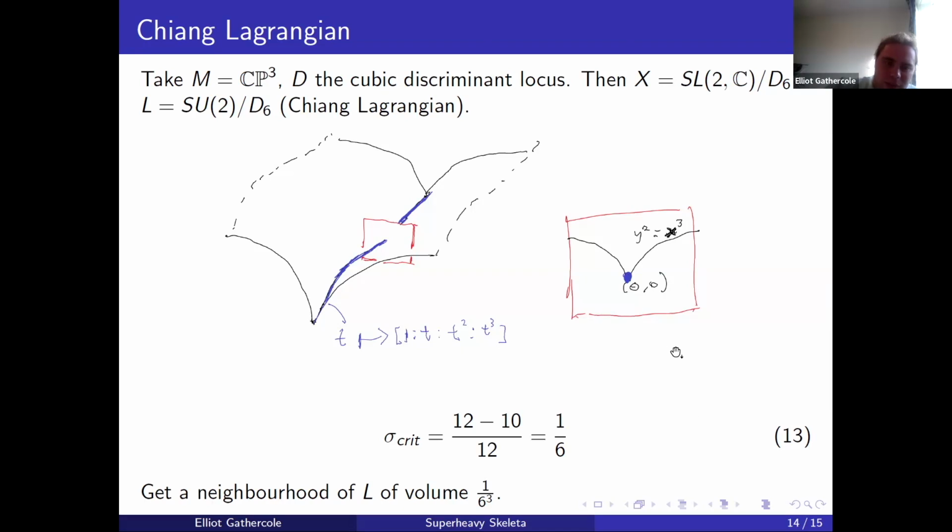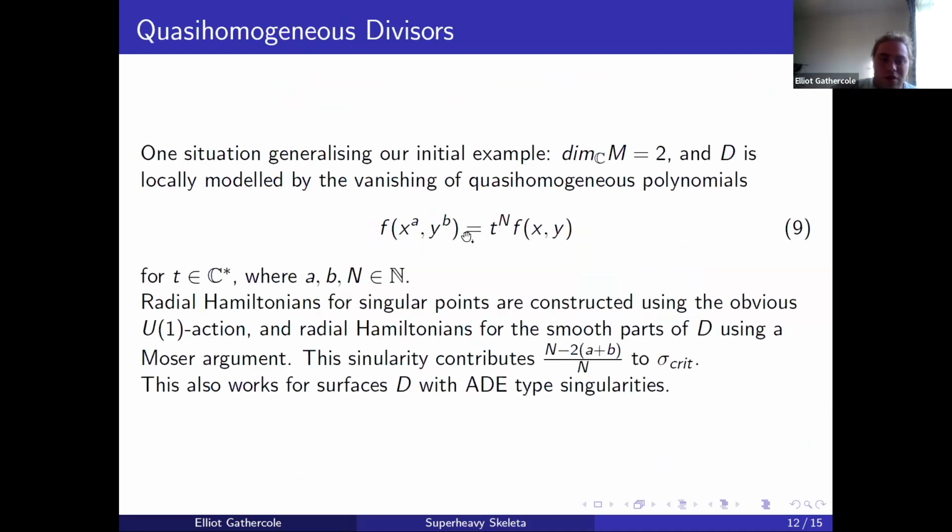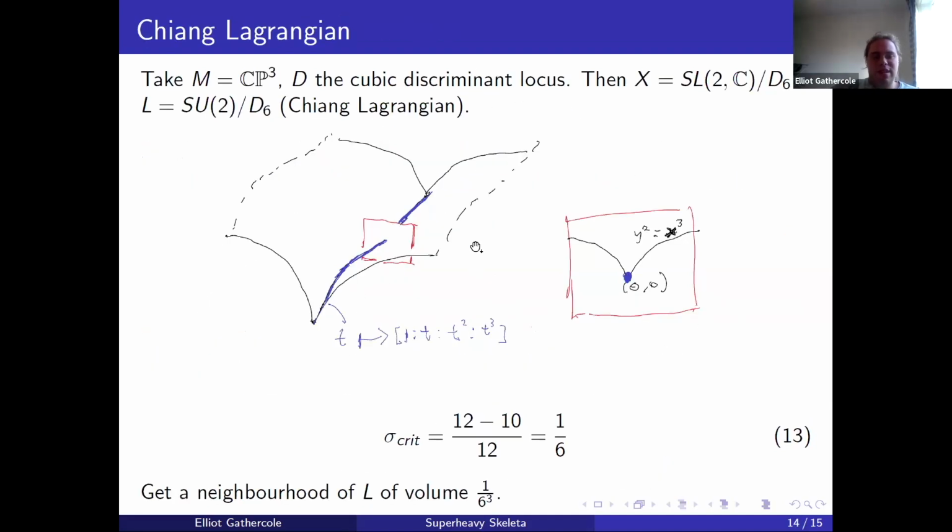In this case, the discriminant locus has inside it a smooth embedded curve, the twisted cubic, which is its singular locus, and then the rest of the curve is smooth. And if we take a normal slice to this twisted cubic, then the intersection of that with this divisor looks like the standard cuspidal cubic curve.